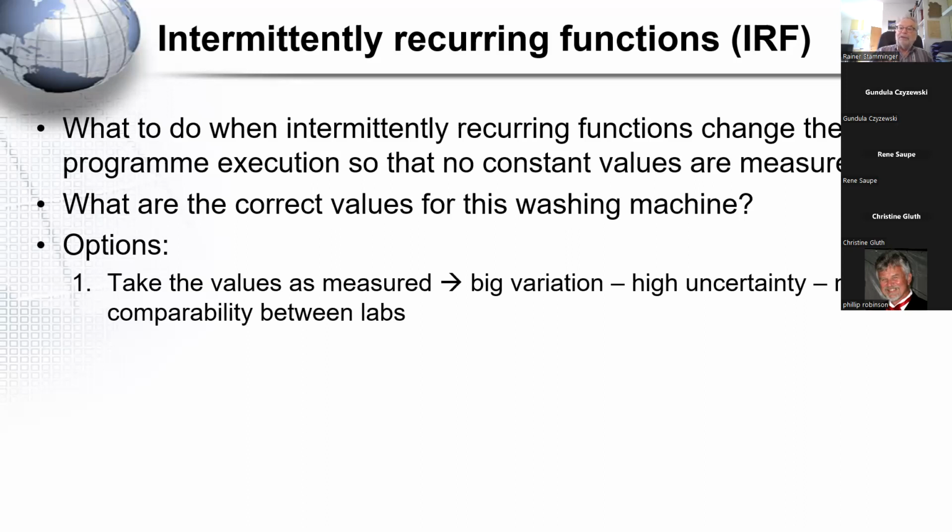The first option is to say, okay, I don't take care of that. I take just what I'm measuring. So I will measure 5 cycles, for example, and I take those values. But if these functions are affecting energy and water consumption, then you will have 5 very different values, which are not repeating the same program, but are measuring different programs.